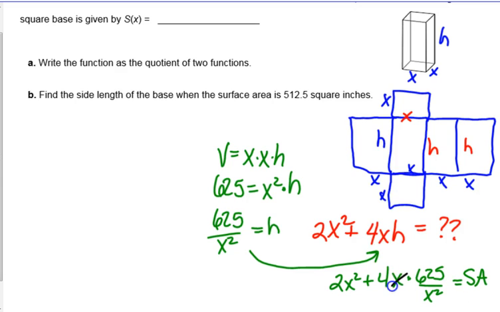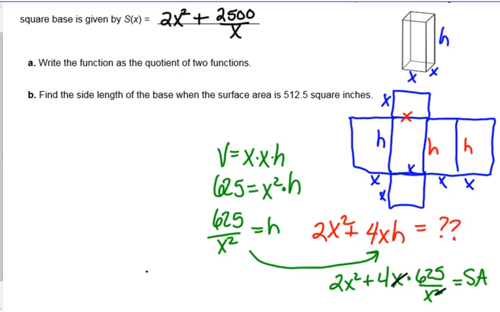All right, one of these x's can divide out, so we end up with a simplified expression way up here at the top of 2x squared plus 625 times 4 is 2500 over x. All right, it says write as a function of the quotient of 2 functions.